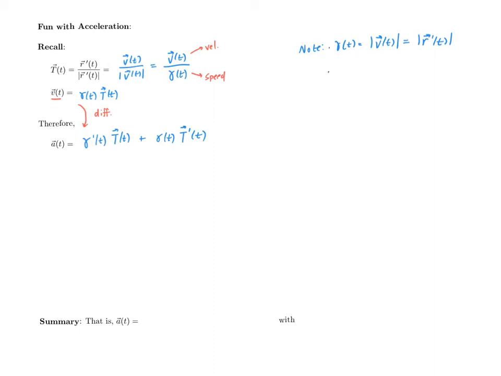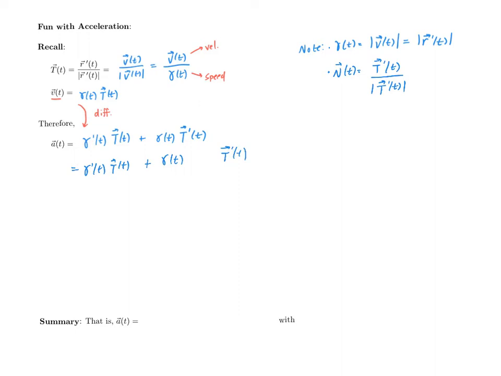Now, to get the unit normal vector to come into play, let me remind you how we define the unit normal vector. The unit normal is the tangent prime divided by its magnitude. So what I would like to do is cut and paste down. The first part is going to remain exactly the same. And then for the second part, I'm going to leave a little bit of space, and you will see why.